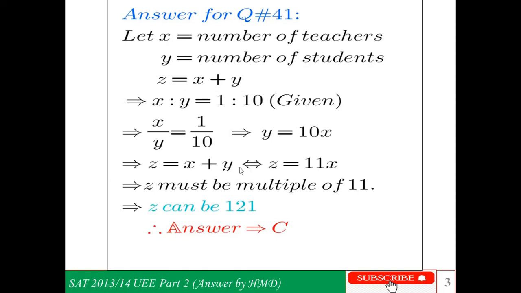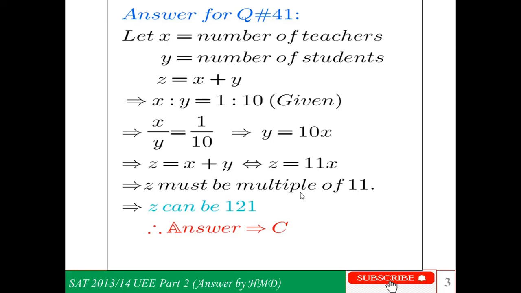So Z is equal to X plus Y, which is X plus 10X. Substituting, X plus 10X becomes 11X. This implies Z is equal to 11X. This means the sum of the total number of teachers and total number of students is 11 times the total number of teachers in the school.